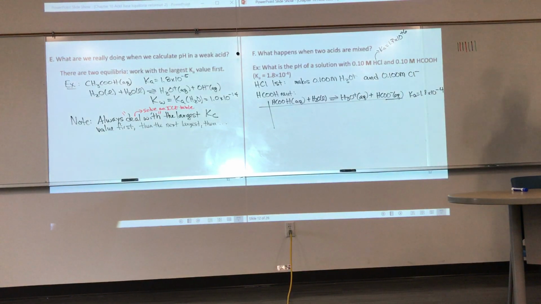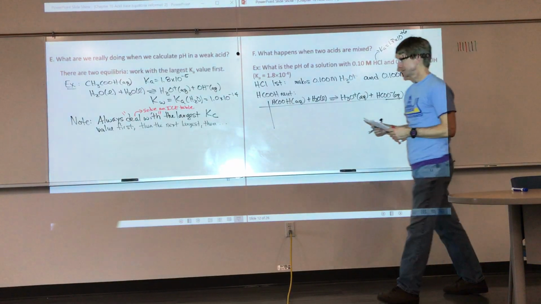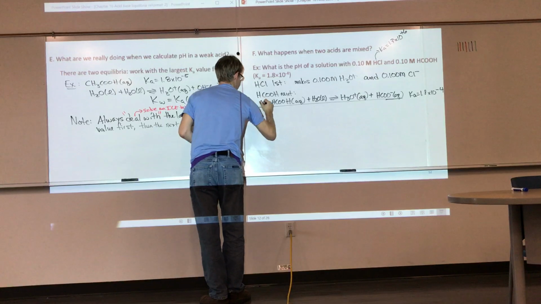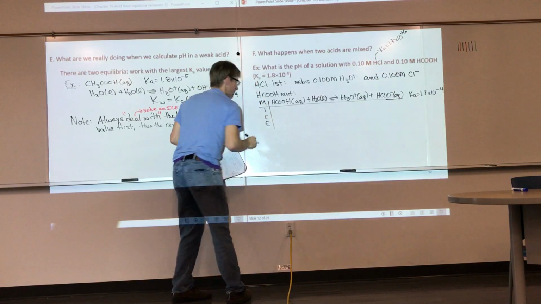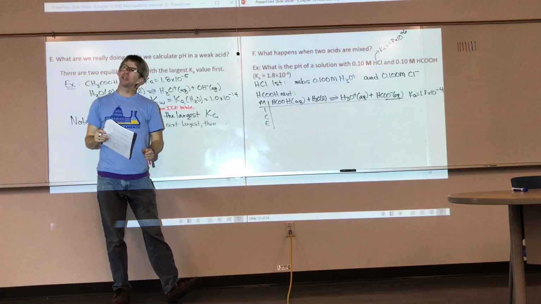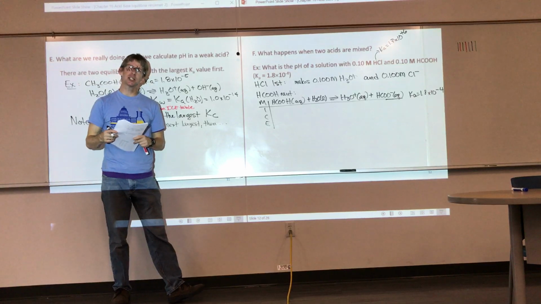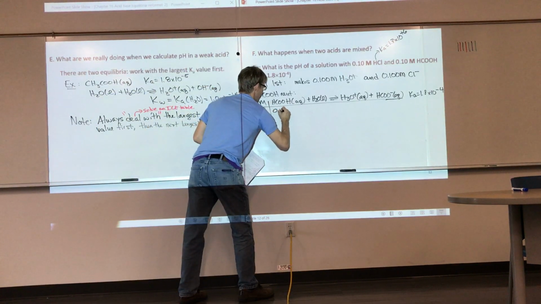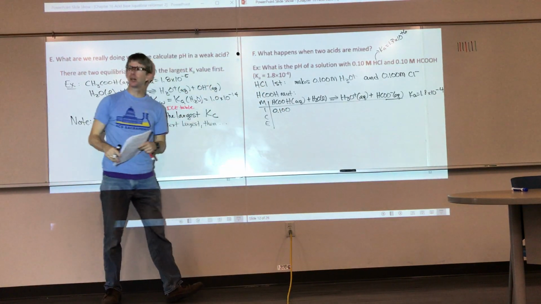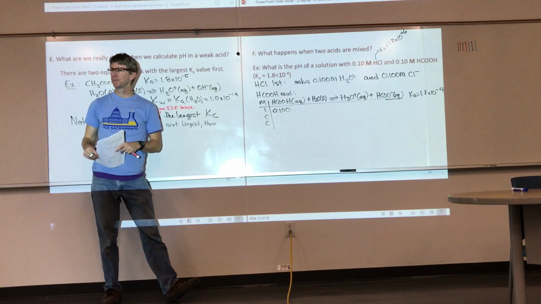Here's my ice table. It's got my Ka value at the end. We know that our initial concentration of formic acid is 0.100 molar. We know that we don't care about our H2O.